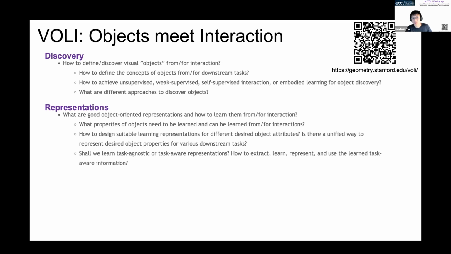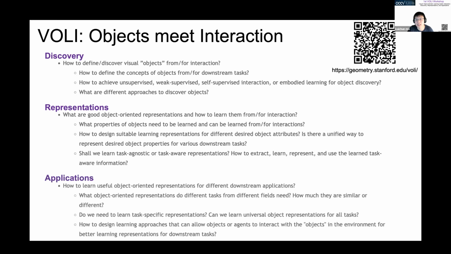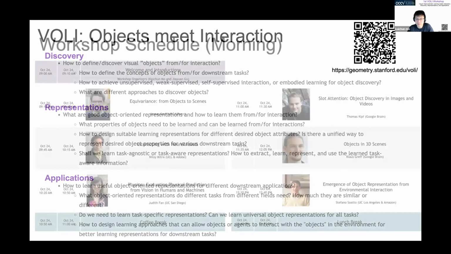What are the attributes that we want to learn and how to learn them from and for interaction? And finally, how to learn object-oriented representations for different downstream tasks in vision, graphics, robotics, and so on. Do we need to learn different representations for different tasks, or might there exist some unified representations that are good for all the tasks? These are some topics that we'll be covering today.